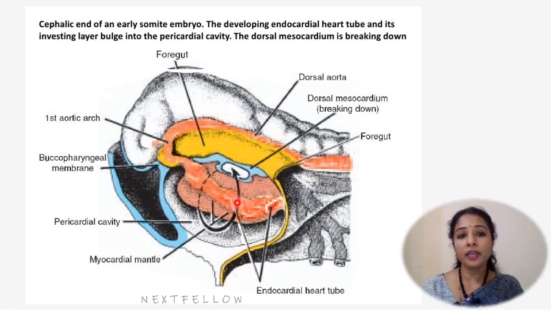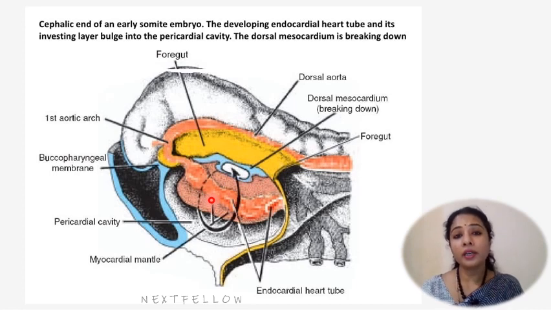So at the cephalic end of the early somite, we can see the endocardial heart tube. This is the endocardial heart tube, and its investing layer, which is called the pericardial cavity, is derived from the intraembryonic coelom. So this is the pericardial cavity, and the dorsal mesocardium is breaking down here. We can see it breaking down to form the heart.